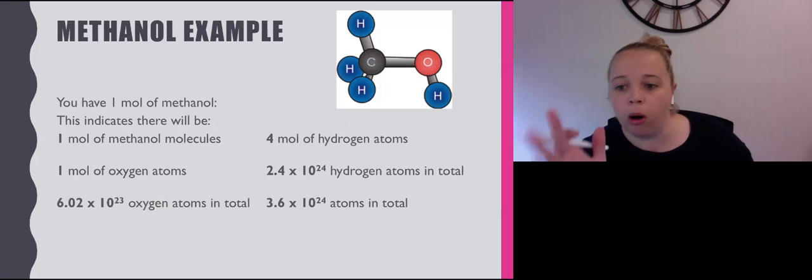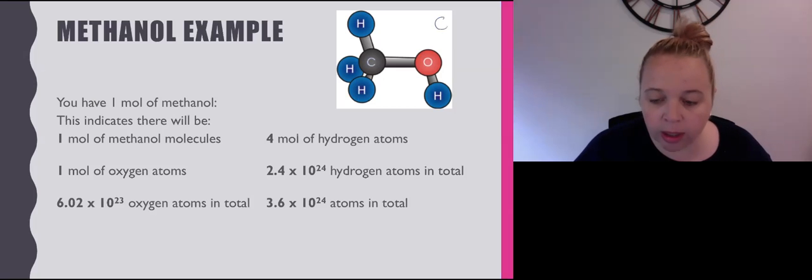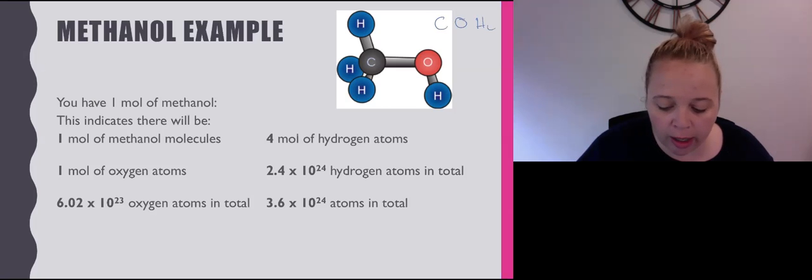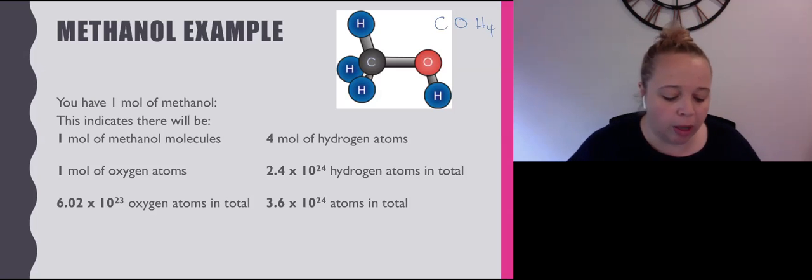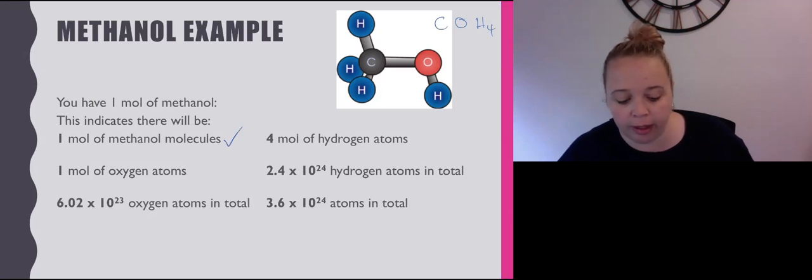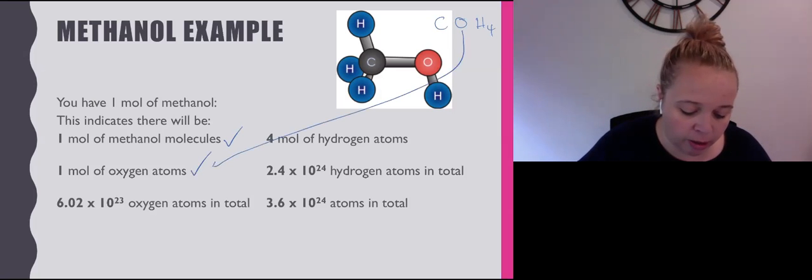If you have 1 mole of methanol, so here is methanol here, you can see that it's got 1 carbon, 1 oxygen, and 4 hydrogens. So that's its molecular formula. If you have 1 mole of methanol, you've got 1 mole of methanol molecules. We're happy with that. We've got 1 mole of oxygen atoms because there's only 1 of those.